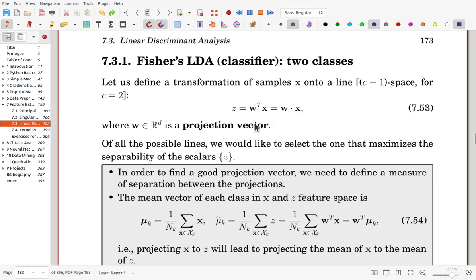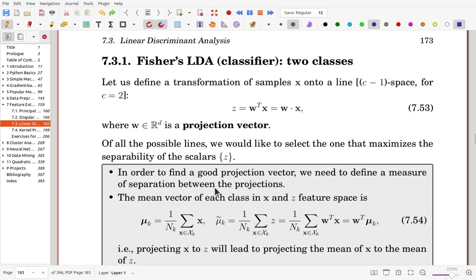We'll try to find the projection vector W such that for each point, if we apply the dot product, we get a constant. After projection, each point will be projected into a point on a line. So the objective of Fisher's LDA is to find the projection vector so that after projection, they are well separable.